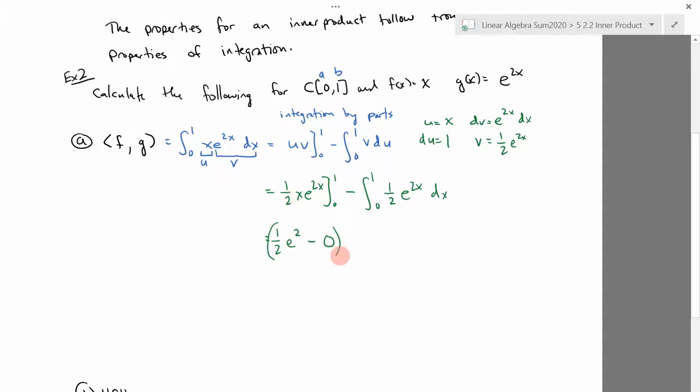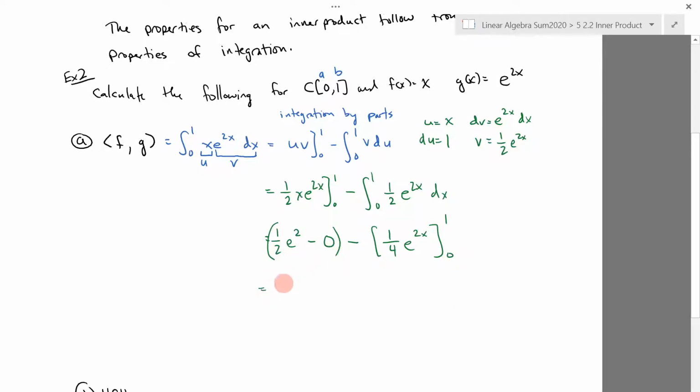Okay, so that's this part, and now minus. To calculate this integral, I need the antiderivative. So the antiderivative of this, again the 2 comes out in the denominator, so 2 times 2 is going to be 4. And then the antiderivative of e to the 2x gives me e to the 2x, evaluated from 0 to 1.